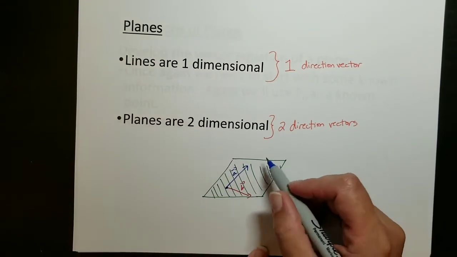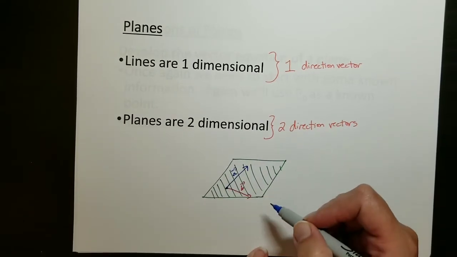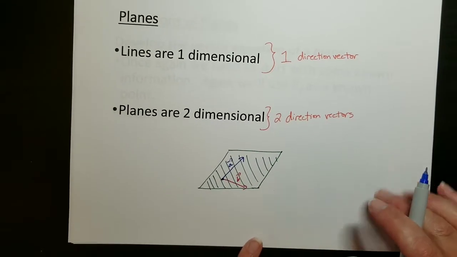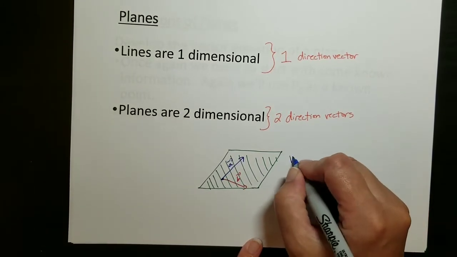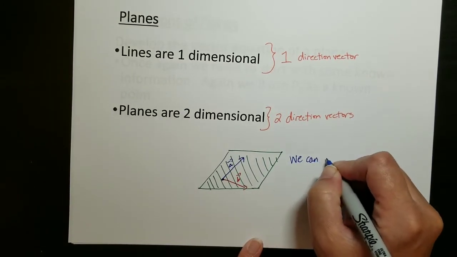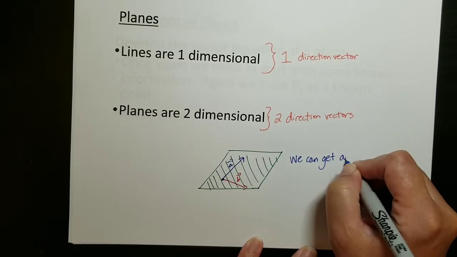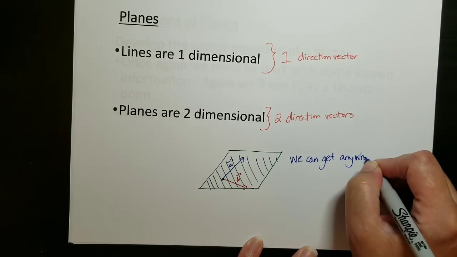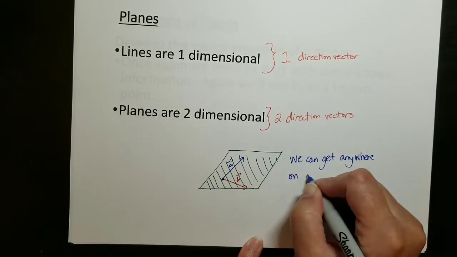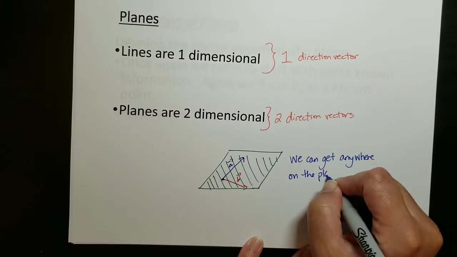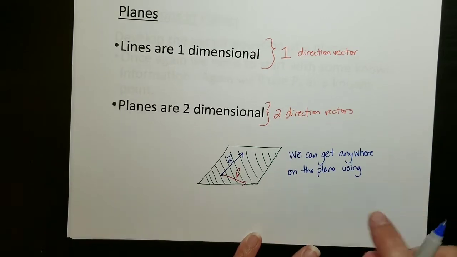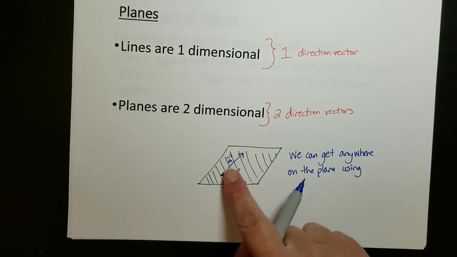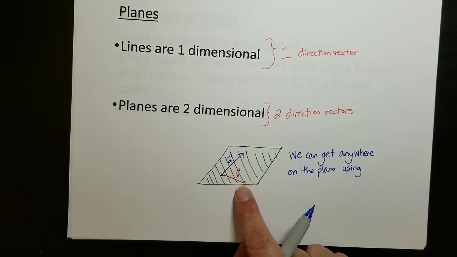So I can get anywhere on that green plane using a linear combination of vector A and B. We can get from any point on the plane to any other point on the plane by adding some scalar multiples of these two vectors.